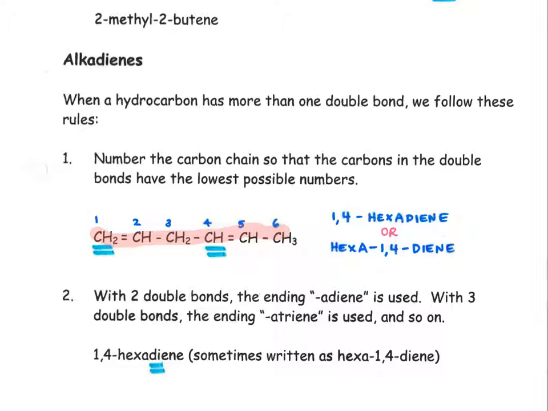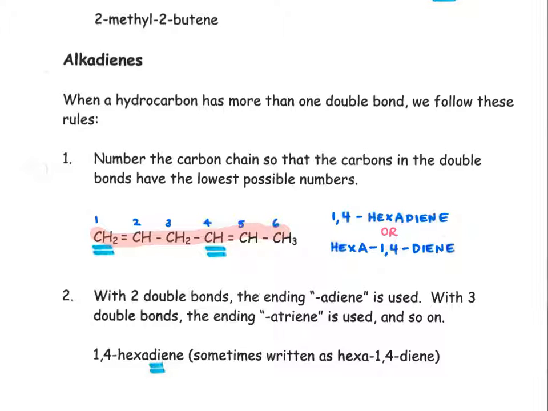Well, we're trying to give the lowest possible numbers to those double bonds, just as we did with the alkyl side groups. So if we start at the left, we're going to have a number 1 and a number 4, and you could count in the other direction and see that you would have a 2 and a 5 in the other direction. So we prefer the 1 and the 4.